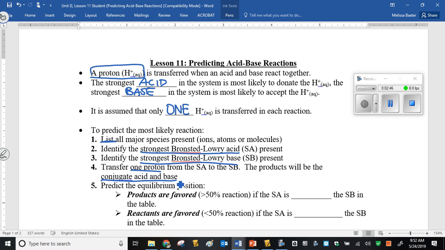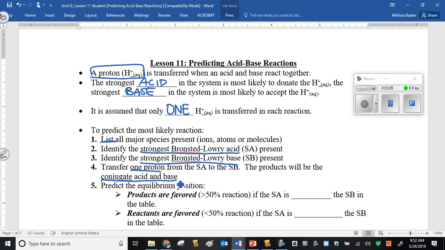The last thing that we need to do is predict the equilibrium position, if there is one. So we're really saying which side is favored. The products will be favored, so the percent reaction would be greater than 50%, if the strongest acid is higher than the strongest base in the table. You probably wouldn't have to calculate that, but we could give you that number.